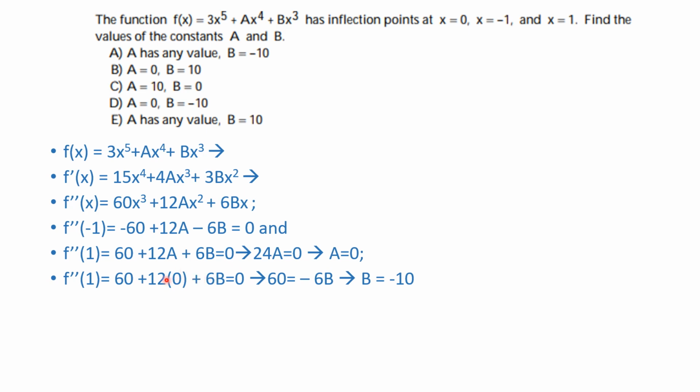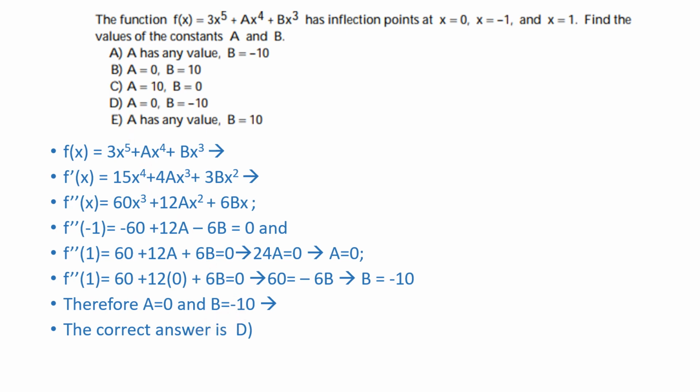So we have just one variable here for this equation, and that implies 60 equals negative 6b, and that implies b equal to negative 10. As such, we have a equal to 0 and b equal to negative 10, and if we look at the options, we will find that this is option number D.